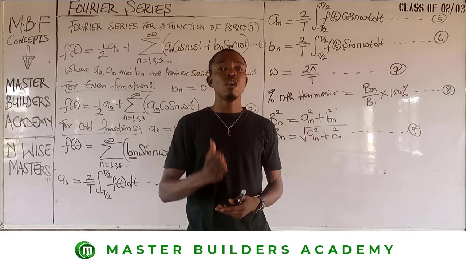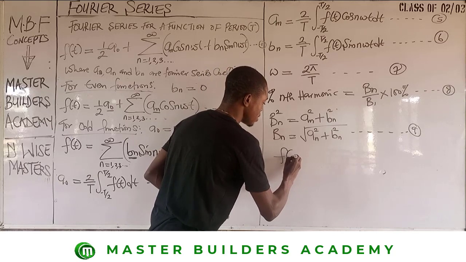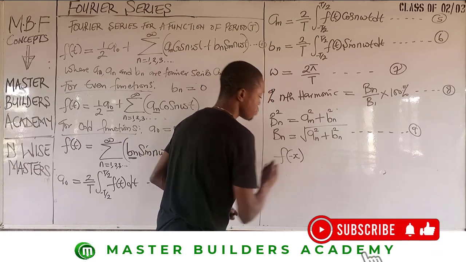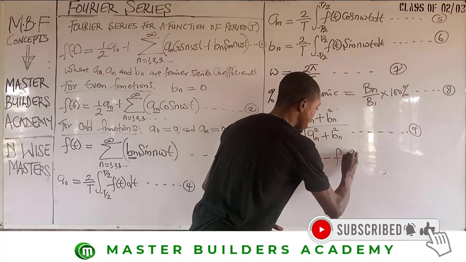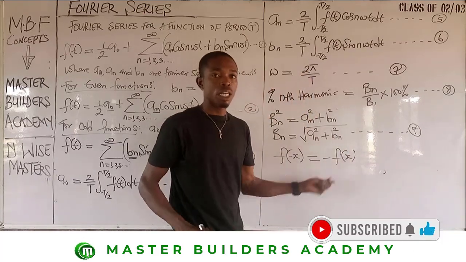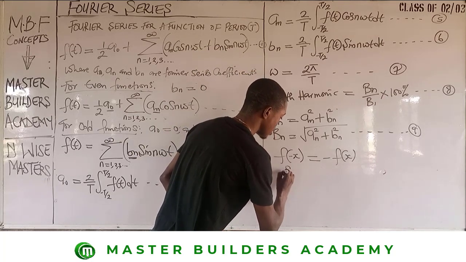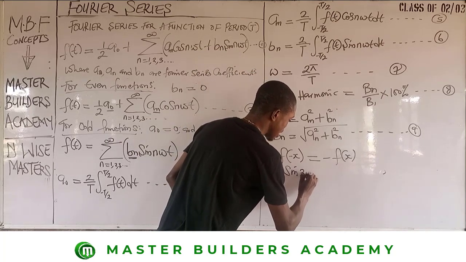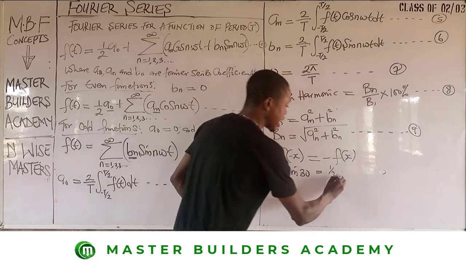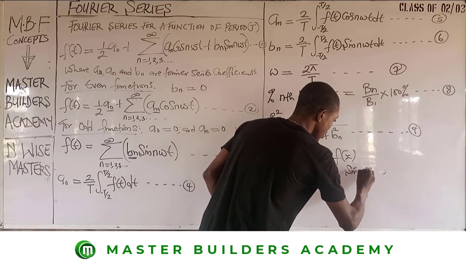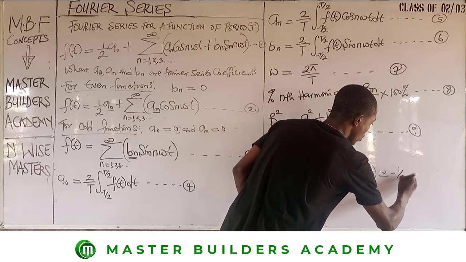Now understand that for every odd function, if I find minus x, if I find a function of a negative value, the result will also give me a negative end product. Take for instance, if you get your calculator and find sine 30, you will have 1 over 2 positive. Again, if you find sine minus 30, you will have minus 1 over 2.